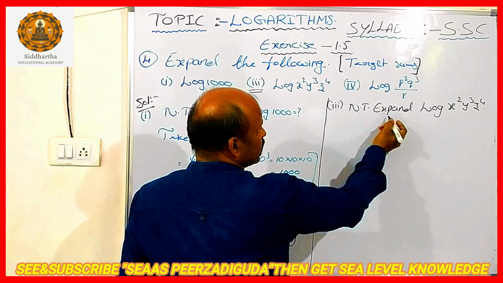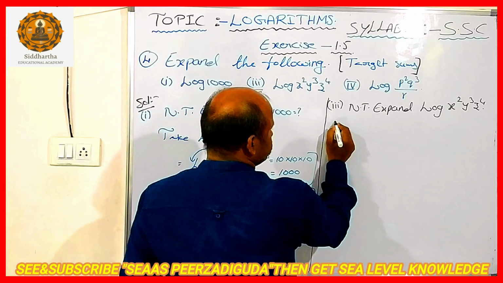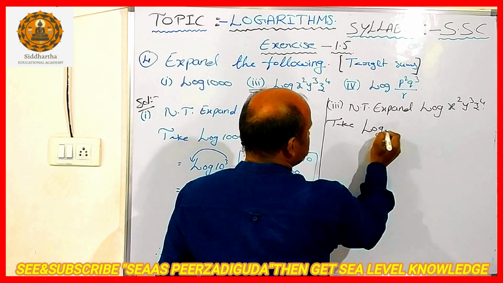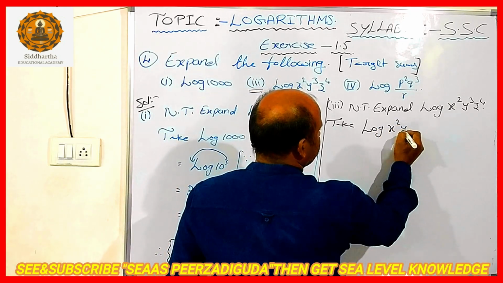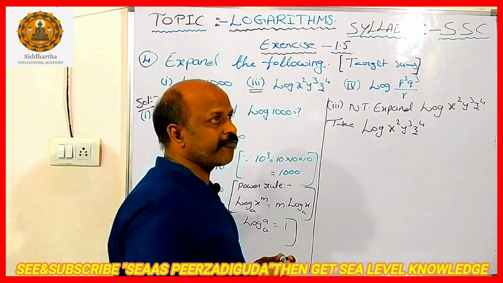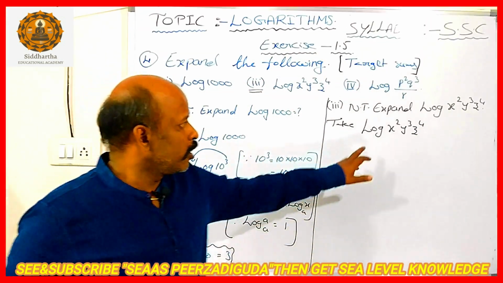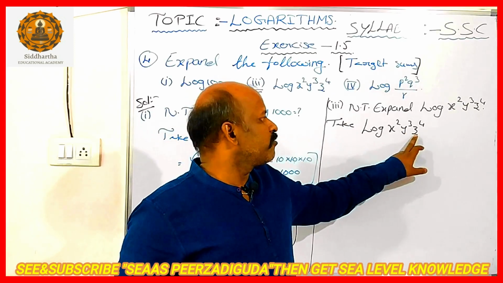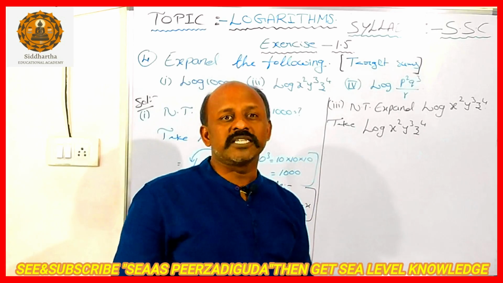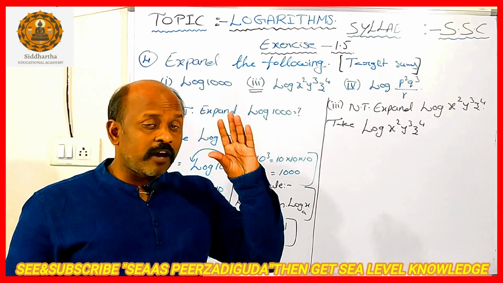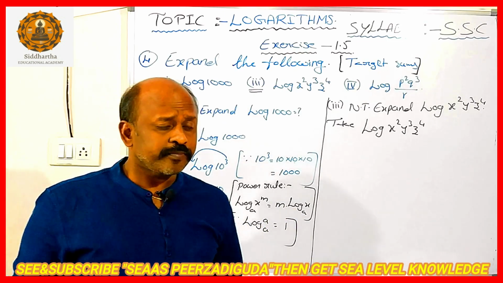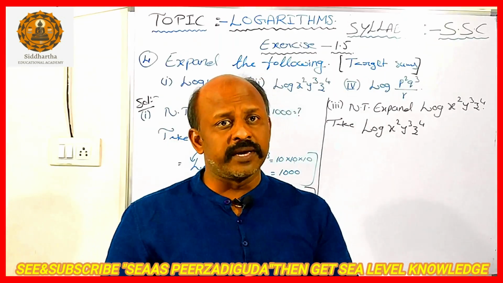Take log x square y cube z power 4. It is in the form of log a b and one more variable, you consider as c. Log abc form. For log ab, we have one formula, the product rule. Log ab is log a plus log b.